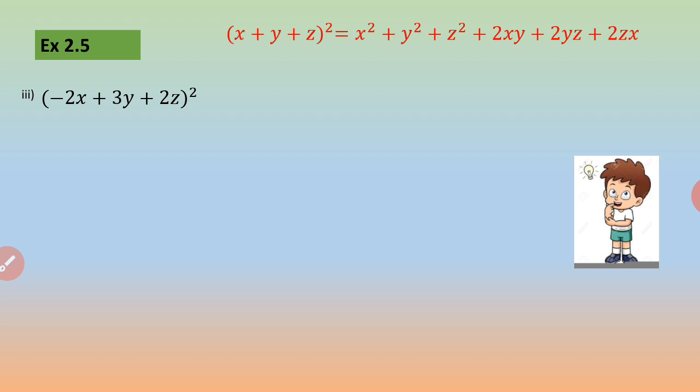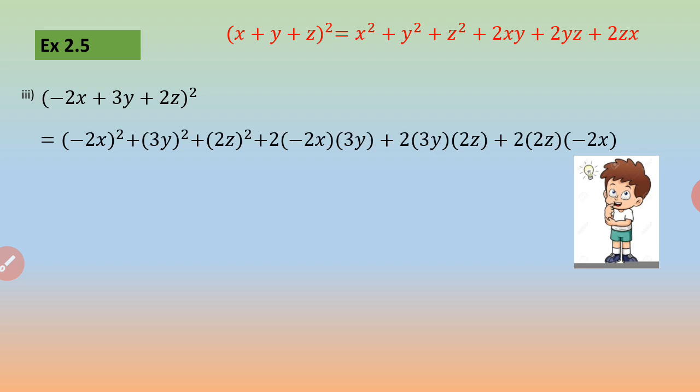Next, the third sub question. Minus 2x plus 3y plus 2z. Your x is minus 2x, y is 3y. Z is 2z. Accordingly, the changes are done. As I have told you, minus sign is very important.